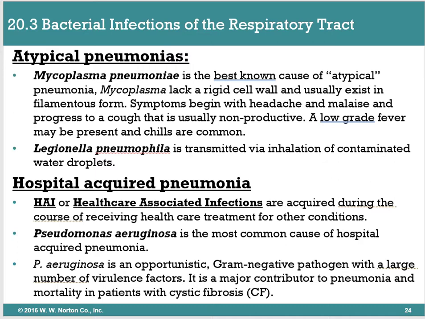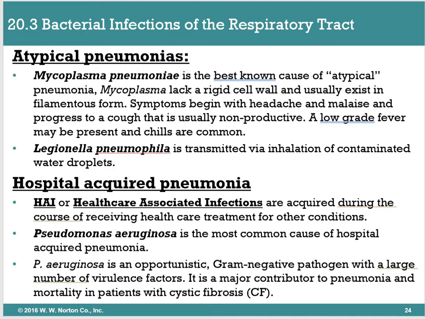P. aeruginosa normally doesn't cause any issues, but it is opportunistic, meaning that if it sees that you are immunocompromised at the moment, it will take the opportunity and actually cause disease. It is gram negative. And also with P. aeruginosa, as we know, there are a plethora of virulence factors that come with it.